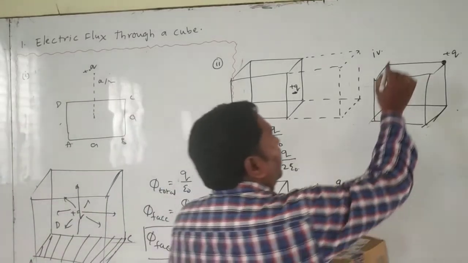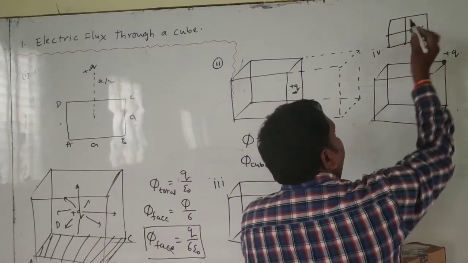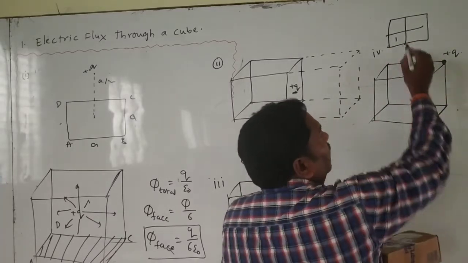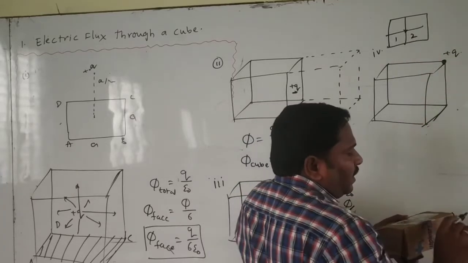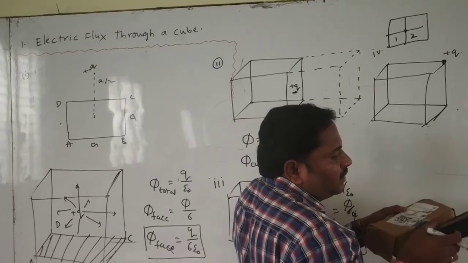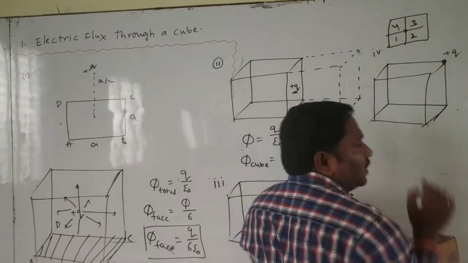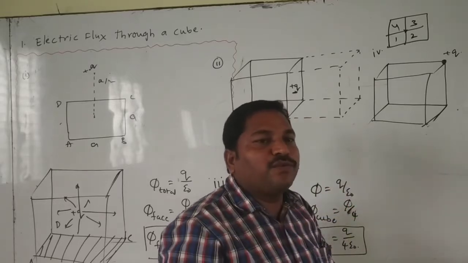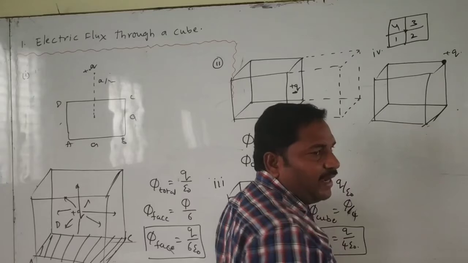So like this, suppose this is one cube corner, and the second identical corner like this. This is one more corner. So third, fourth, and on top there are 4 more cubes. So this corner is shared by 8 cubes.